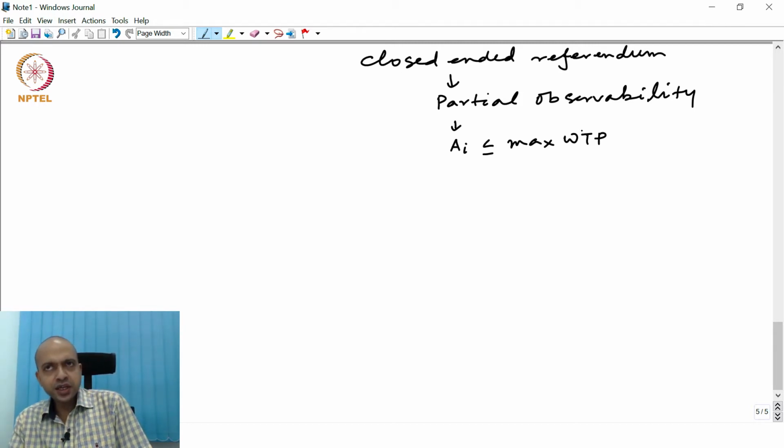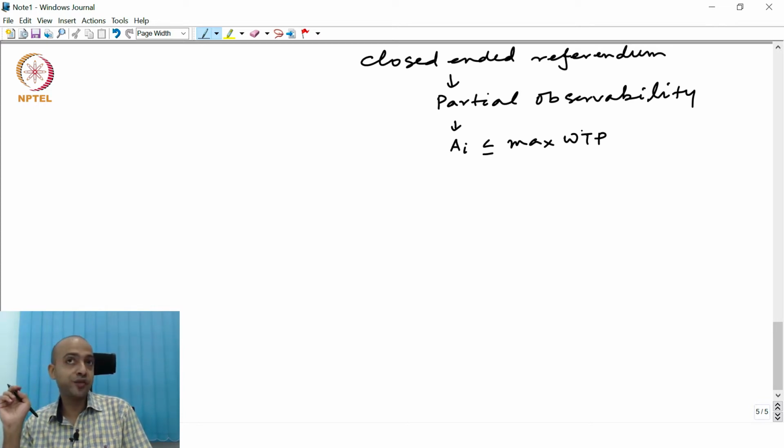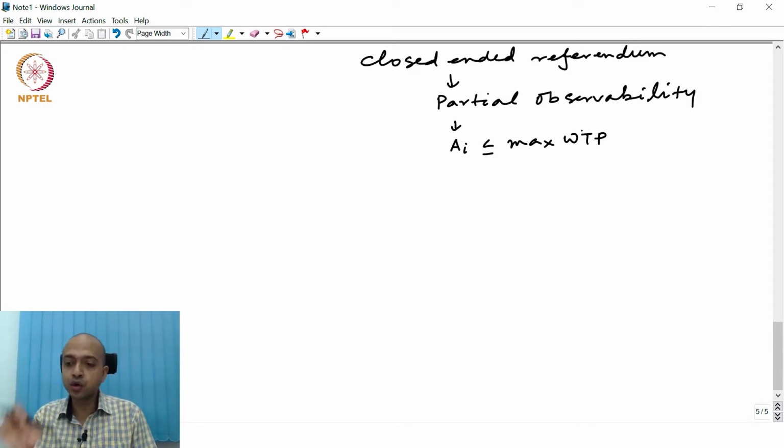If the respondent says yes, the story ends there. I will just note down the response and the story ends there in this closed-ended referendum. But the respondent would have been ready to pay even higher than 100 rupees. That I am not able to capture. Because of that, the closed-ended referendum suffers from this partial observability problem.